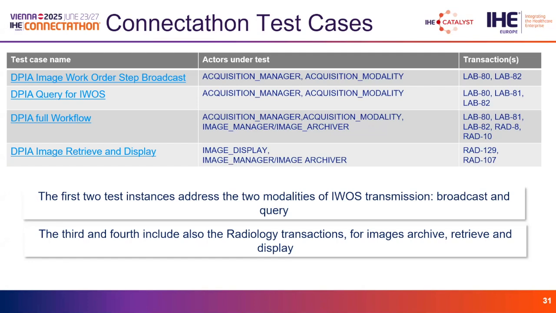Then 2 other tests have the purpose to test the interaction with the external actors, such as radiology actors, for the part related to digital image production and archiving. There is also a full workflow test whose aim is to test the overall workflow of digital slides production and archiving on the radiology side altogether.